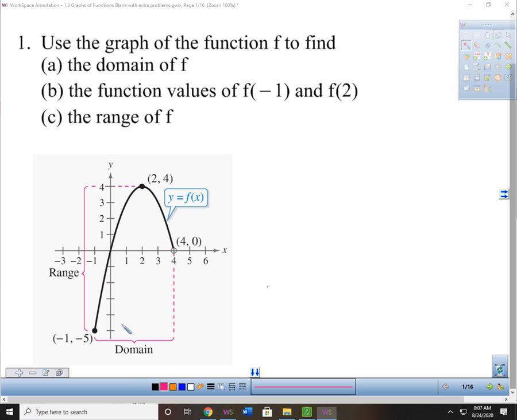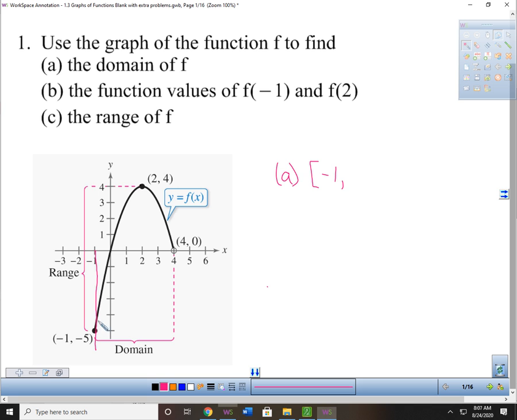So if you look at your graph, the farthest left that this goes is right here, correct? And that is a value of -1. Notice it's a closed circle, so when you answer about your domain, you will put a bracket and then your x value of -1, comma.